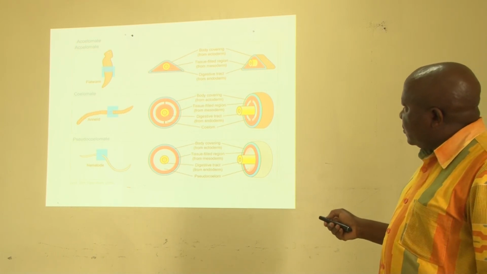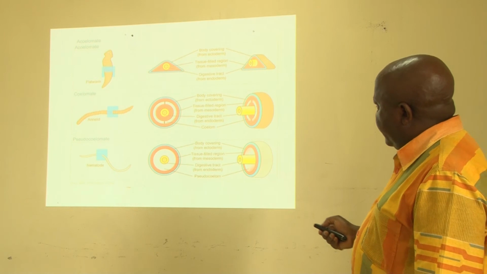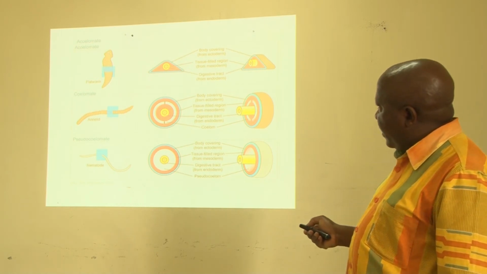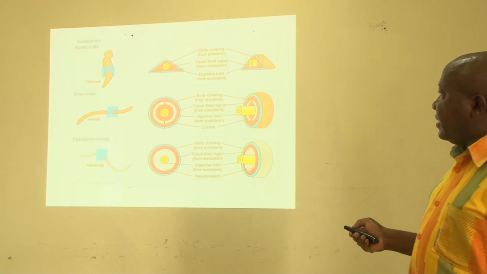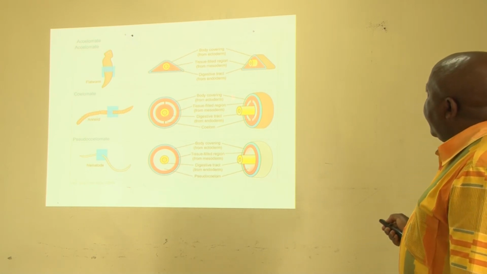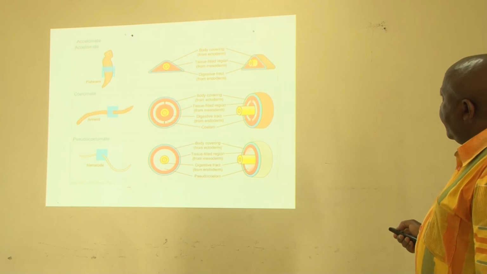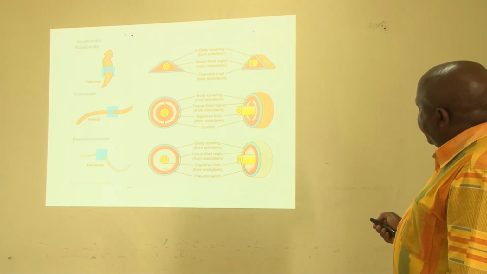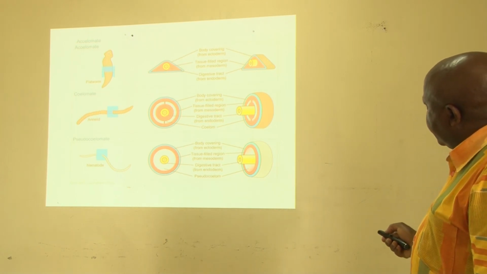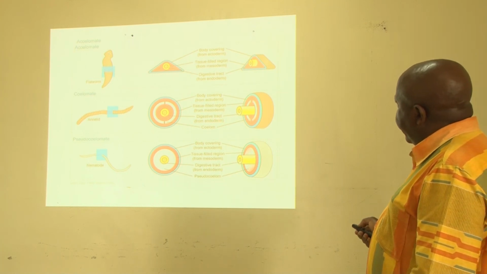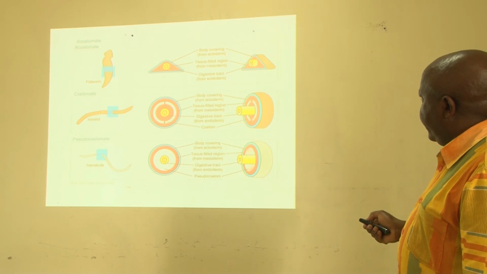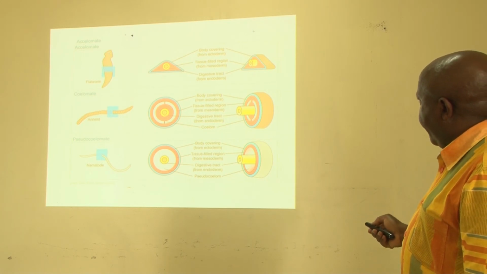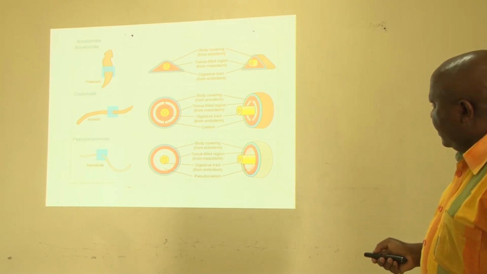And then you have the coelomates, the true body cavity animals, which include animals starting from the annelids, as indicated in the diagram here. You have the body covering from ectoderm, true tissue-filled regions from mesoderm, digestive tract from endoderm, and the cavity in white here.